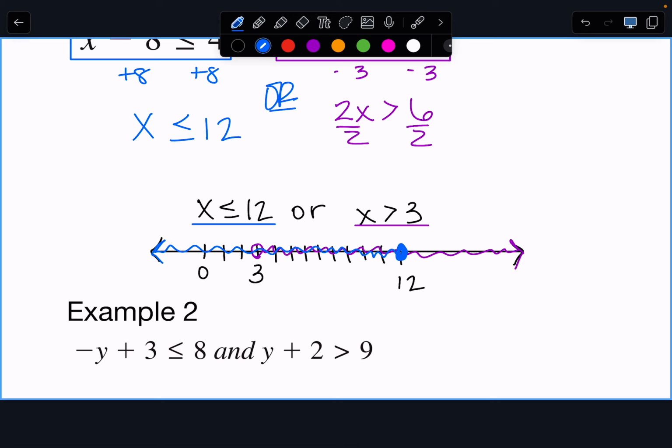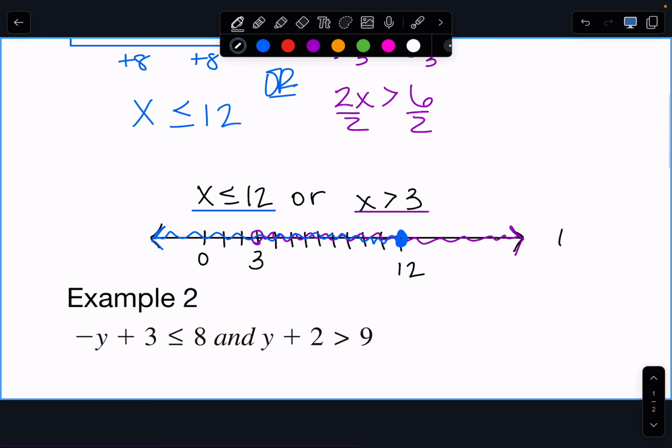Well, blue or purple means what? What did I color? The whole number line. We have an or statement that covers the whole number line. It overlaps.